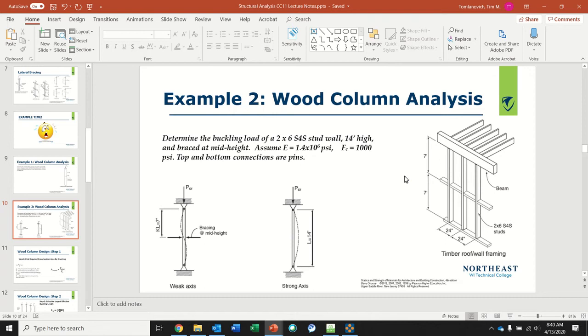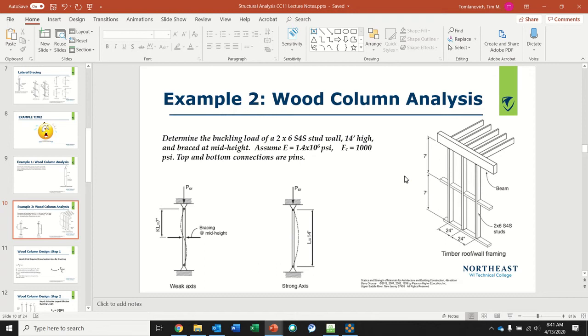My L equals 14 feet, and it also wants us to do L at 7 feet. Basically we're reducing length because that bracing is acting like a pinned connection at 7 feet.